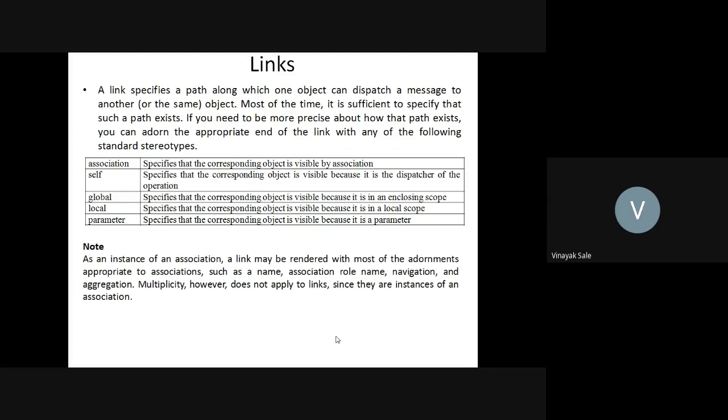Most of the time it is sufficient to specify that such a path exists. If you need to be more precise about how the path exists, you can adorn the appropriate end of the link with any of the following standard stereotypes. Association specifies that the corresponding object is visible by association.